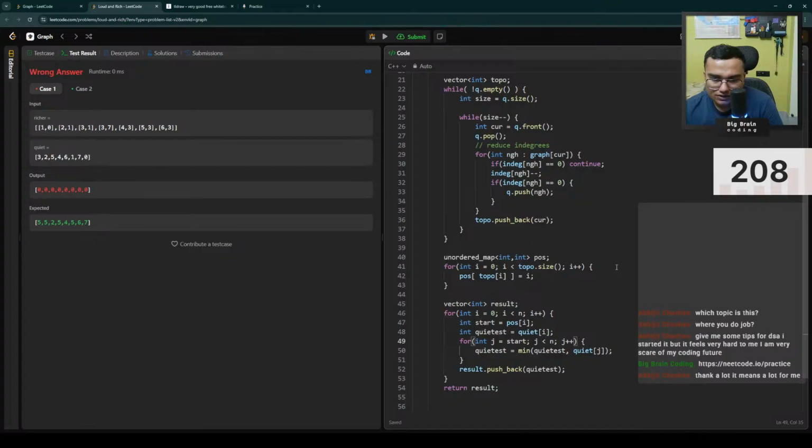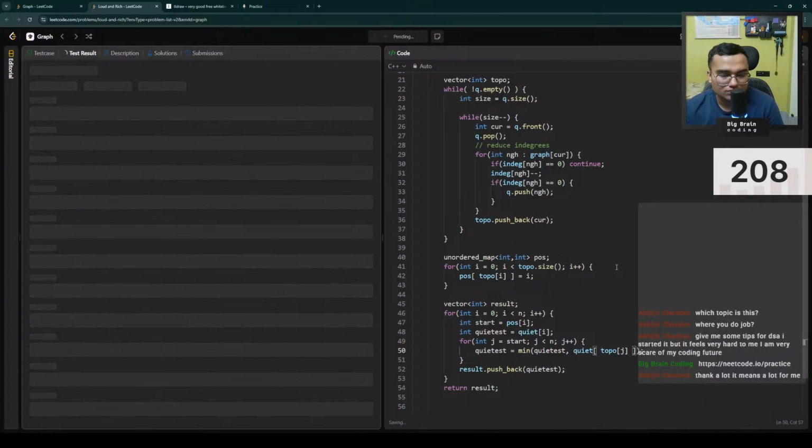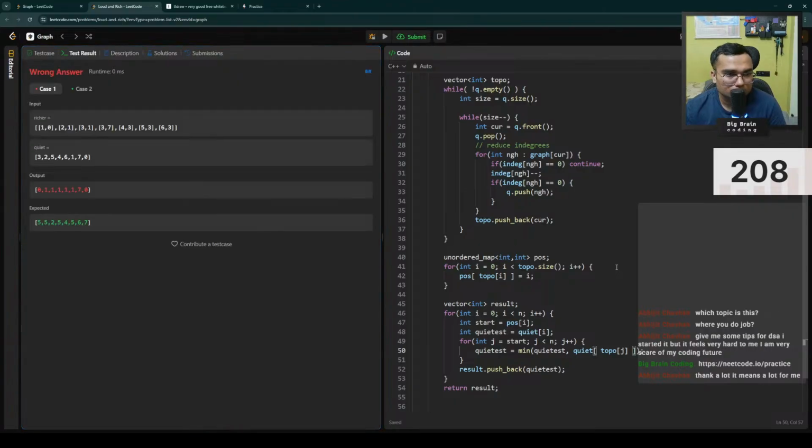And then from j equals start in that topological, j is less than n, j plus plus, and this should be quiet of topo of j. I think this will be the answer, man. No. So I'm messing up this part.